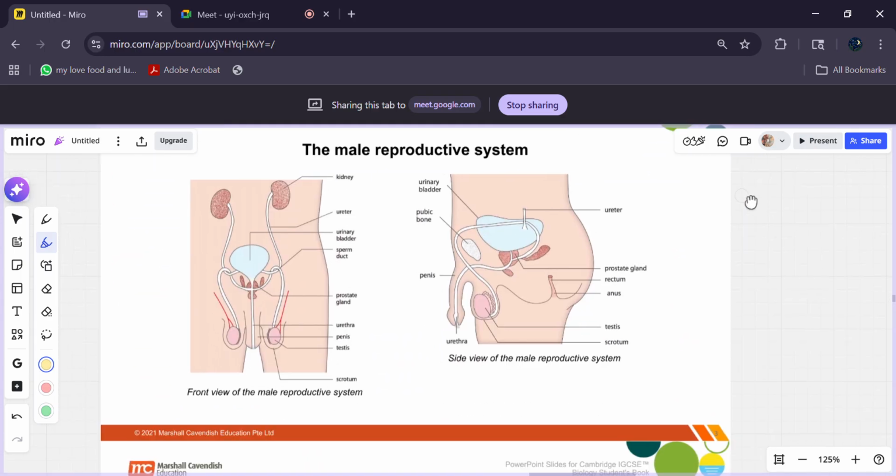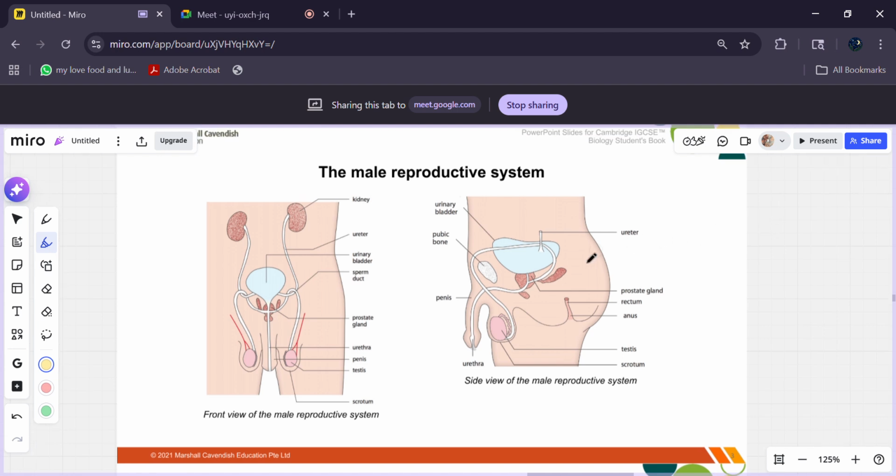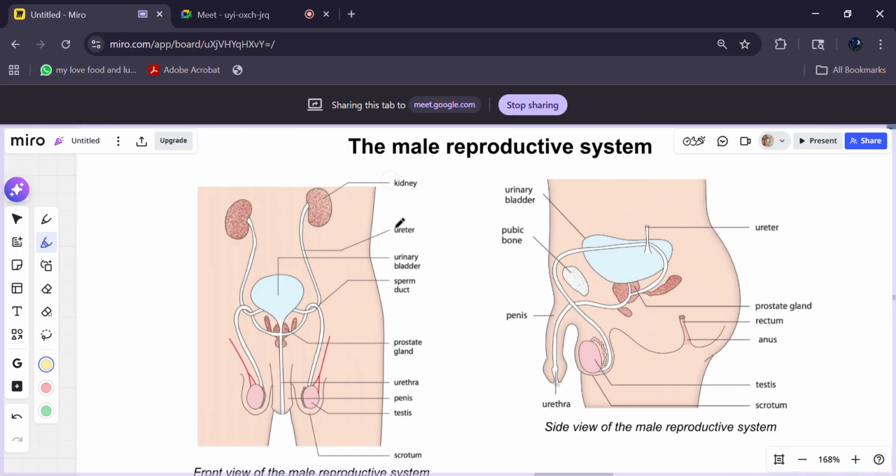Now we're going to the male reproductive system. Various parts of the human reproductive system are shown in this diagram, and note that the male reproductive system is closely associated with the urinary system. Here are some parts: the kidneys, ureter, urinary bladder, sperm duct, prostate gland, urethra, penis, and testes.